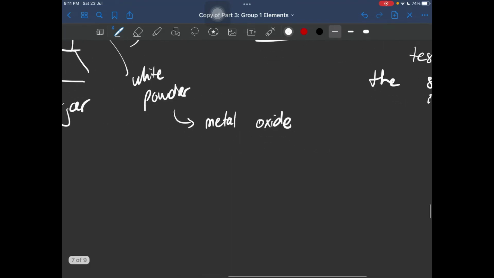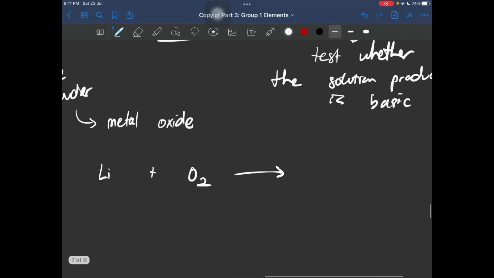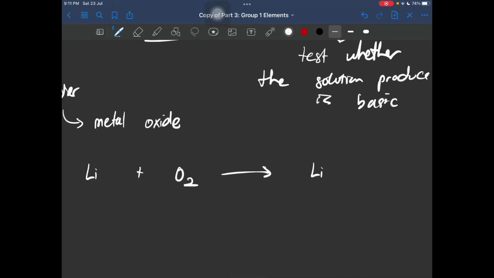For example, if we used lithium, and then we have oxygen, what you would actually produce is lithium oxide, which is Li2O.